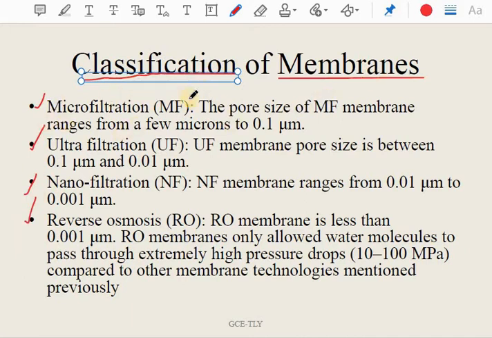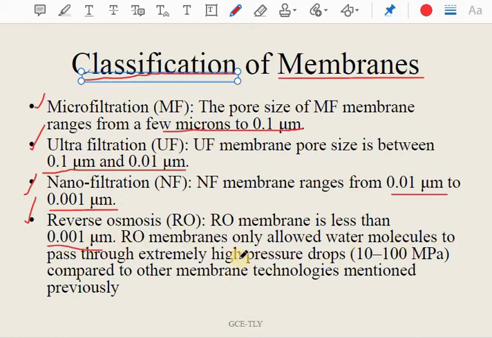In microfiltration, the pore size of the membrane ranges from a few microns to about 0.1 micrometers. In ultrafiltration, the pore size varies between 0.1 micrometer to 0.01 micrometer. In nanofiltration, this varies from 0.01 micrometer to 0.001 micrometer, which is 1 nanometer. And in reverse osmosis, the RO membrane pore size is less than 1 nanometer.